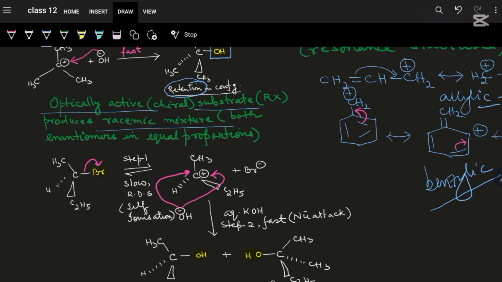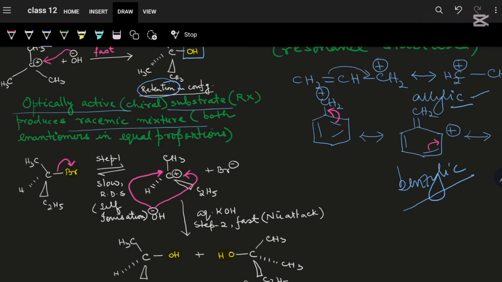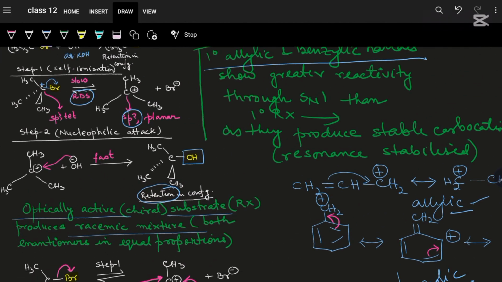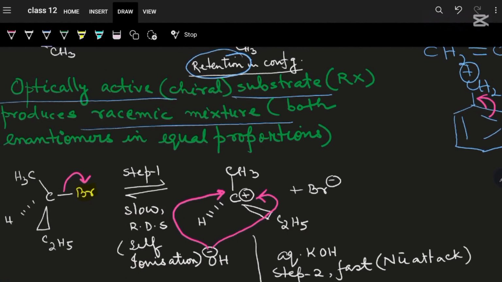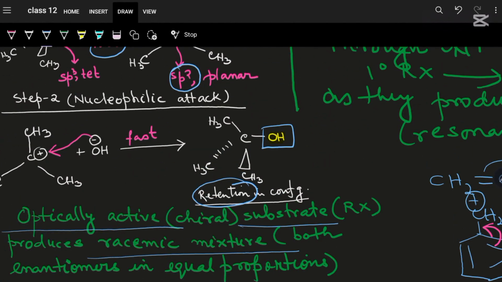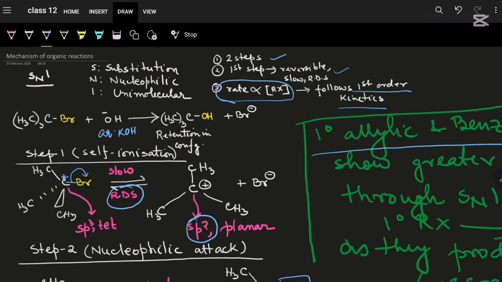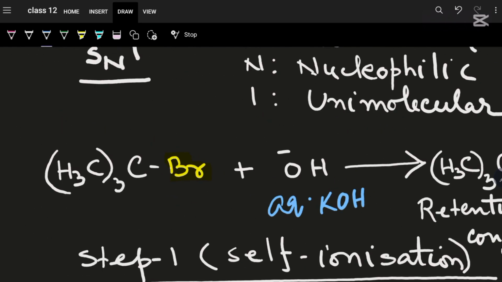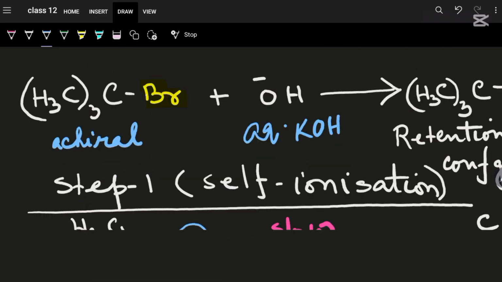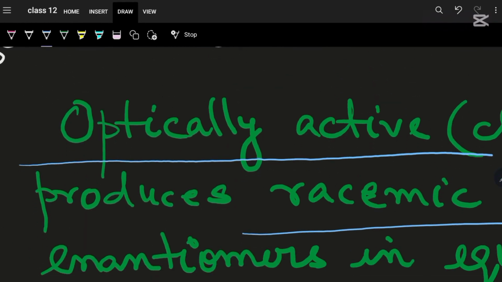So next, now if I start with an optically active substrate, here we can see it was not optically active, right? When I am taking (CH3)3CBr, this one is not chiral. This is a chiral substrate.